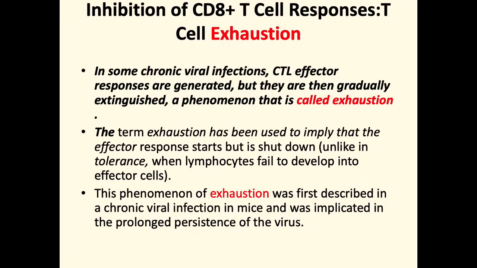And sometimes when we have some chronic infections, mostly viral infections like hepatitis C, B, and also Epstein-Barr, other herpes viral infections, those viruses express some proteins that lead to decreased activity of T cells.